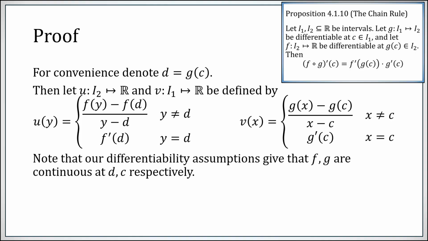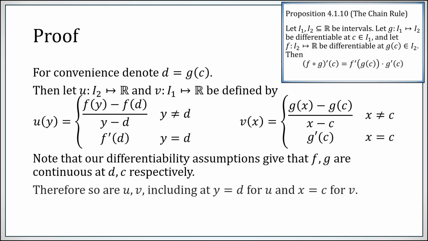Now, our differentiability assumptions tell us that f and g are continuous at d and c respectively. Remember, wherever a derivative exists, the function must be continuous. It is worth pointing out we did not assume f and g are differentiable or even continuous anywhere else on their domains, just at c and d for g and f respectively. However, since f and g are continuous at these points, so are u and v.